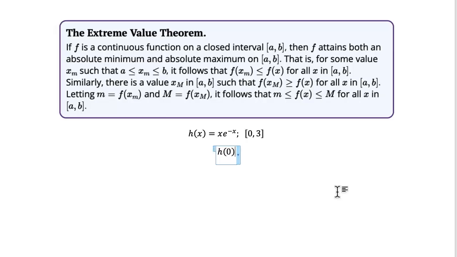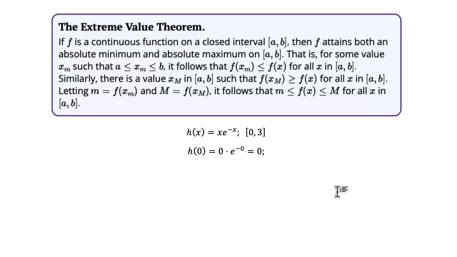And in this case, h of 0 is 0 times e to the minus 0, which is just 0. Right? So we know at x equals 0, h is 0. We know this function based on its form is positive over the range 0 to 3. So we already have an absolute minima.